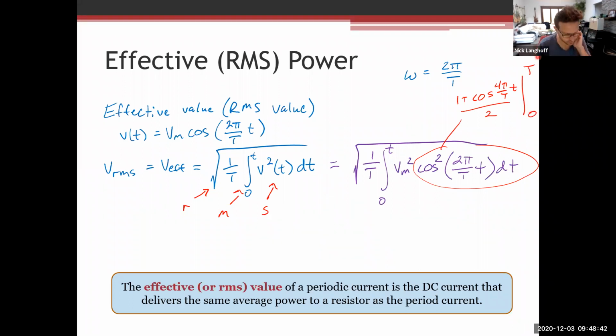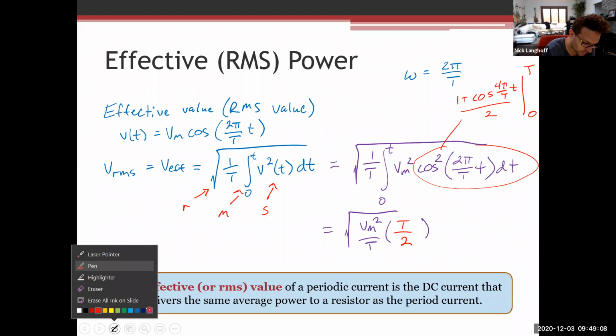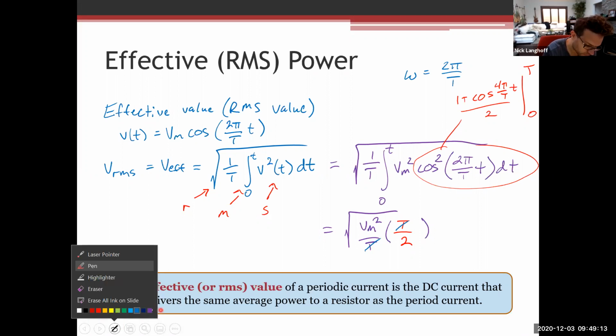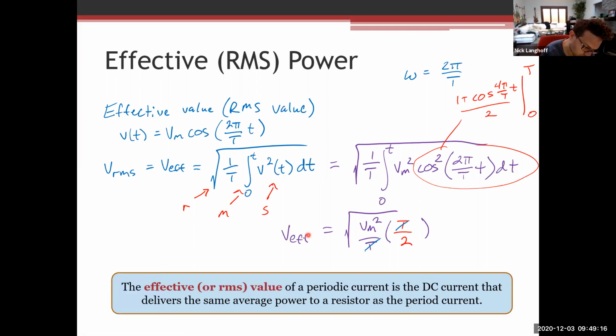When you finish the integral, this will be Vmax squared over t, and when you integrate this thing up here, it turns out to be t over 2. And so what we get then is these t's cancel, and you're left with the fact that the effective V, or the RMS value, is Vmax over the square root of 2.